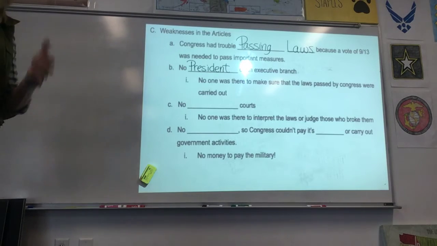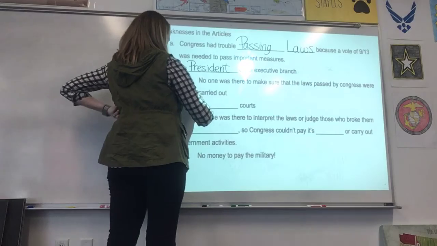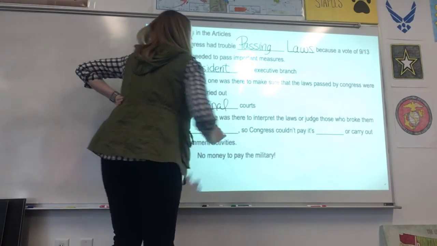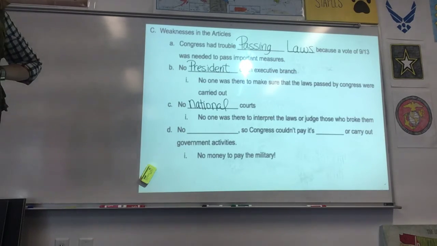There were no higher courts. No national courts. Okay? So there was no one there to interpret the laws or judge those who broke them. So there was nobody to enforce it.